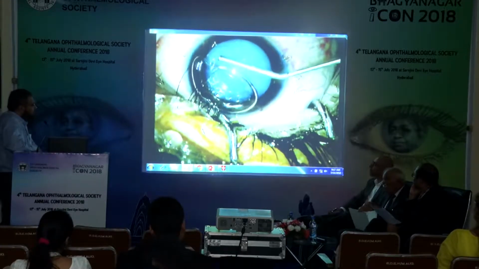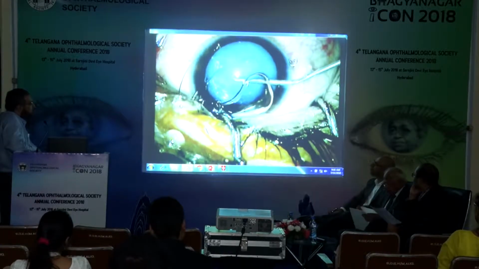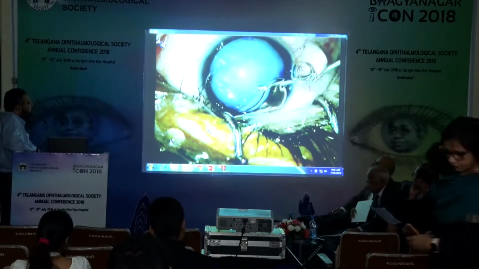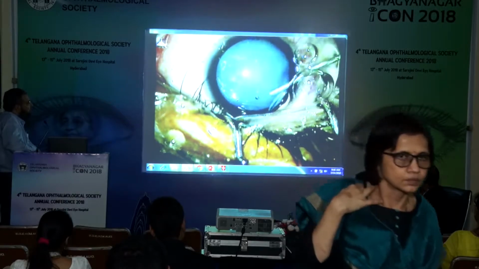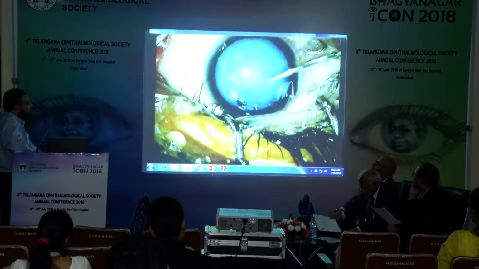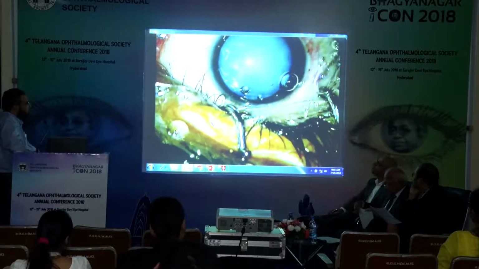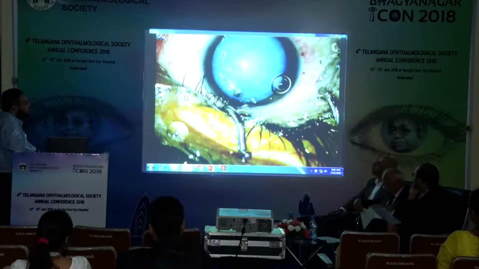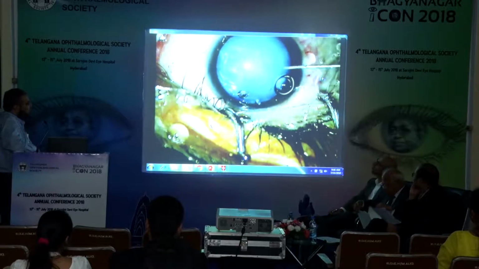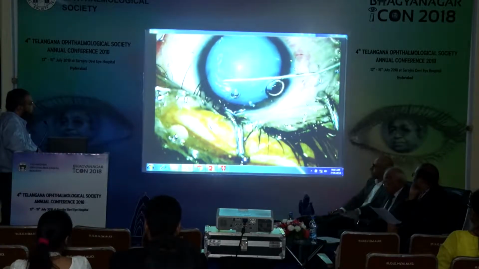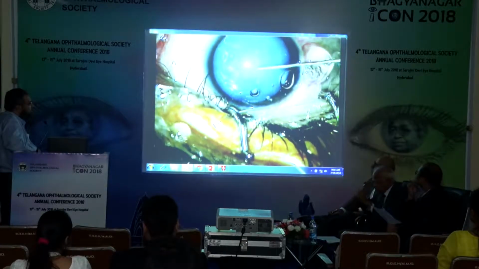Initially the air bubble is removed with HPMC. And then I inject viscoelastic over that to maintain the chamber.